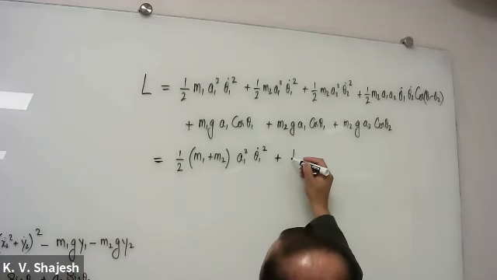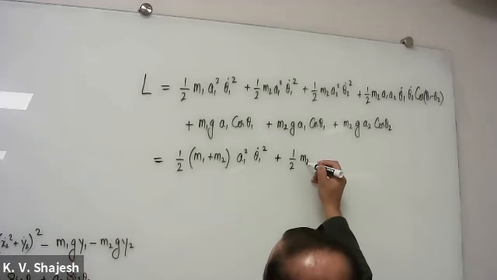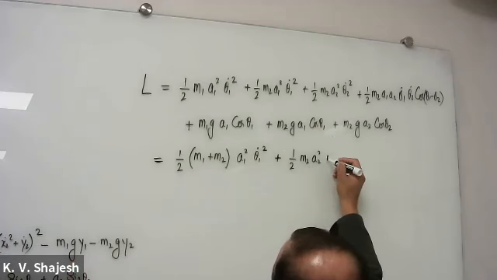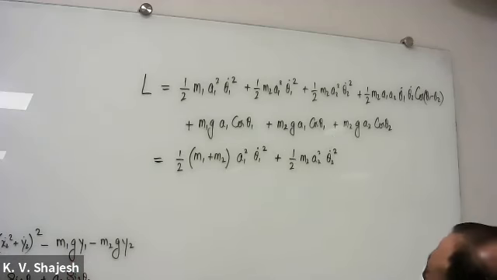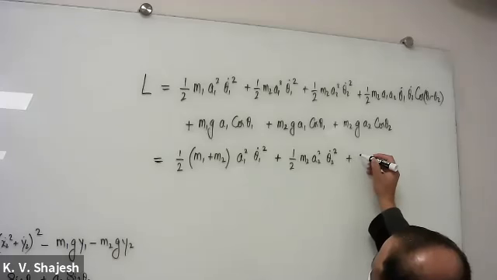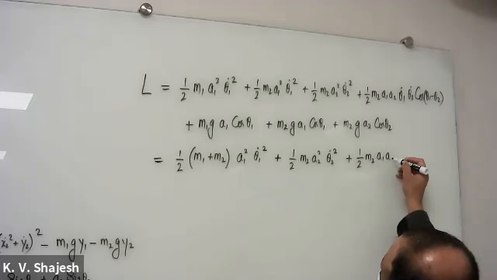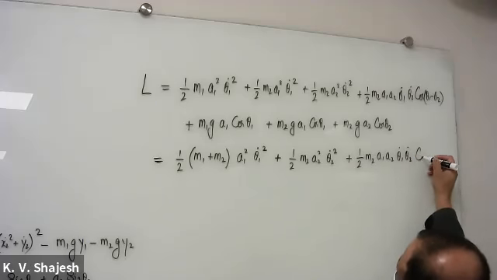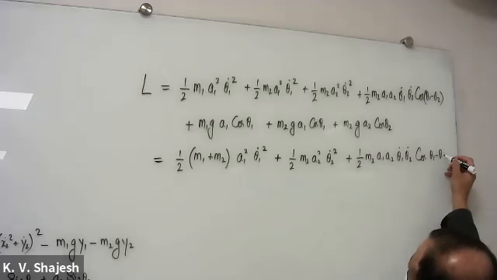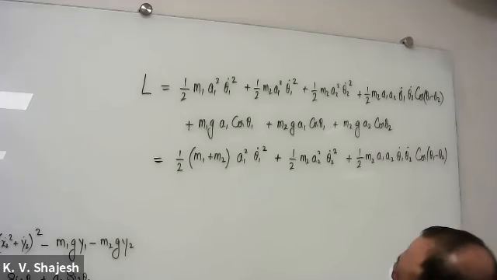And then we have half M2 times A2 squared theta 2 dot squared. Just a small rewriting there. Then theta 1 dot theta 2 dot cosine of theta 1 minus theta 2.